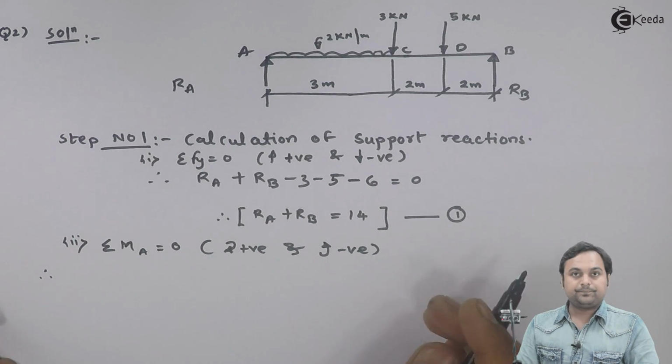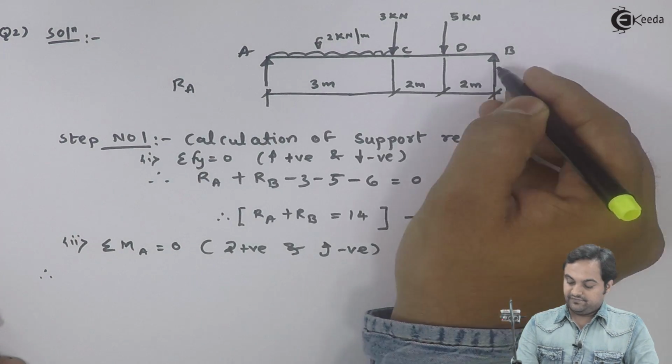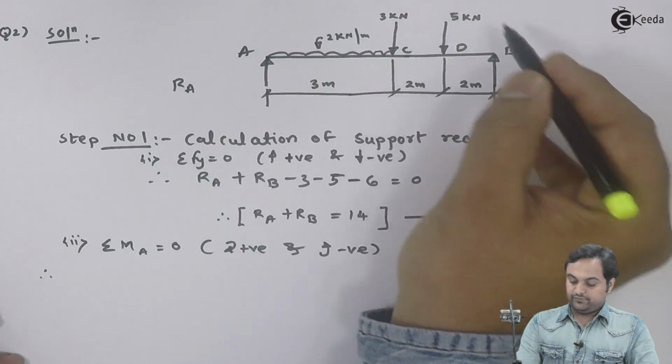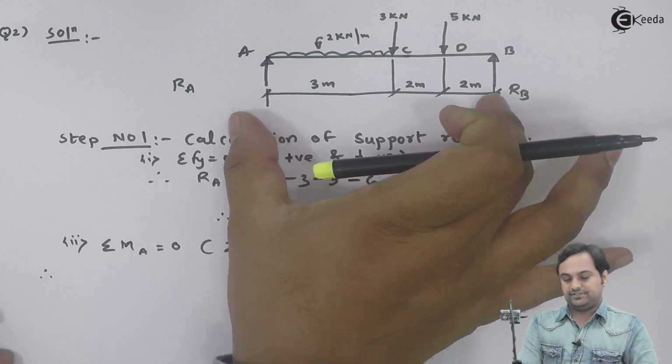So here, if I take the moment at point A, RB is upward, moment would be anti-clockwise, so it would be minus RB into the distance 7.